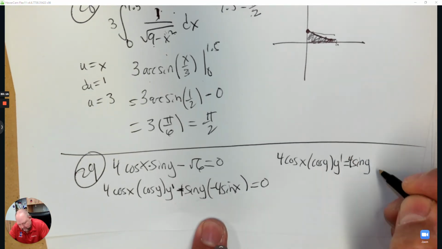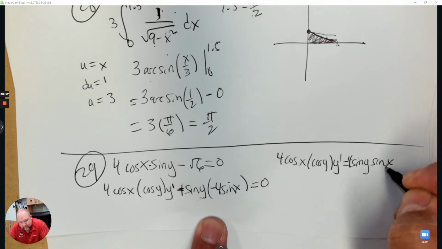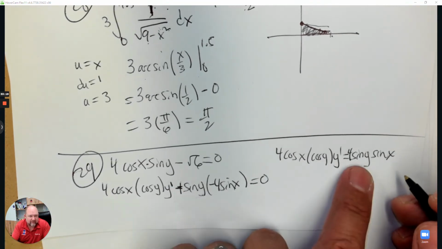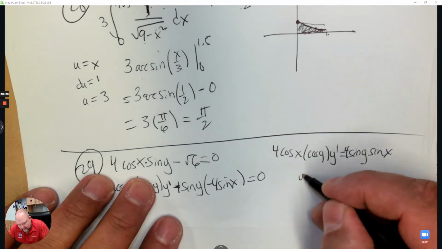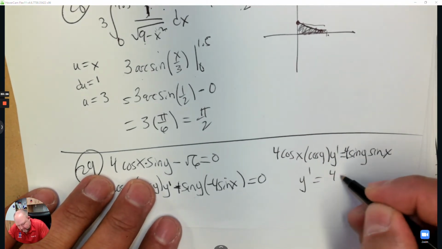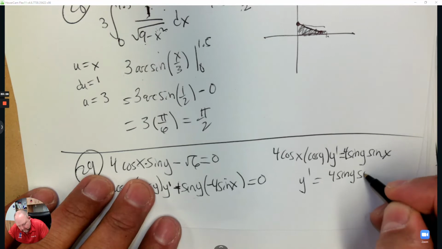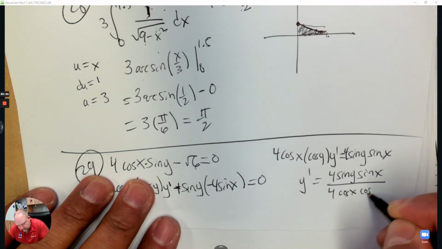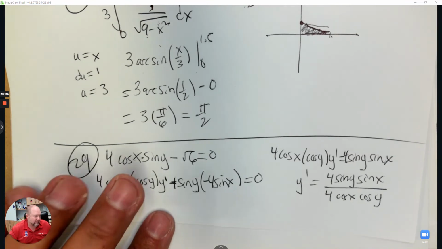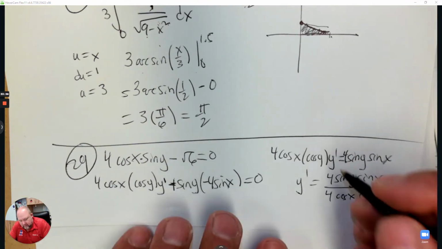Oop, there's a 4 there. So I'm going to add this to the other side. This stayed the same. And then I'm going to divide to get y prime by itself. Notice the 4's will divide out when you do that.